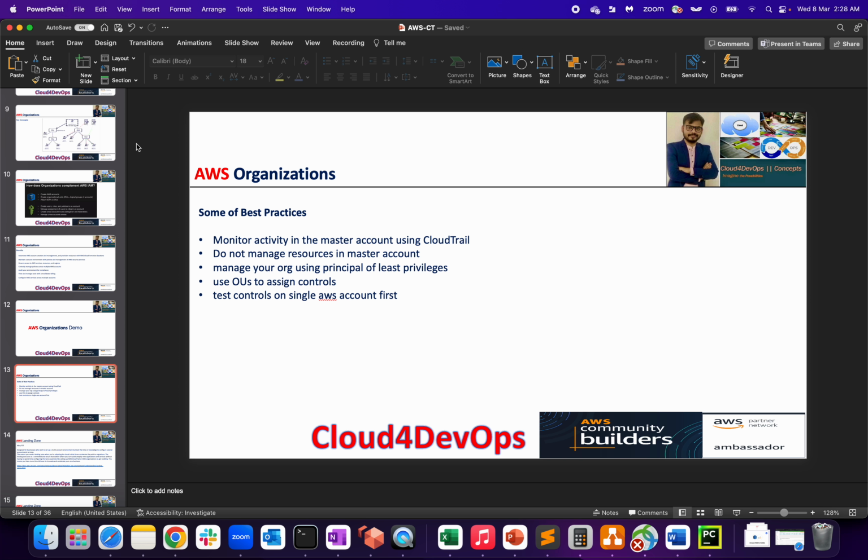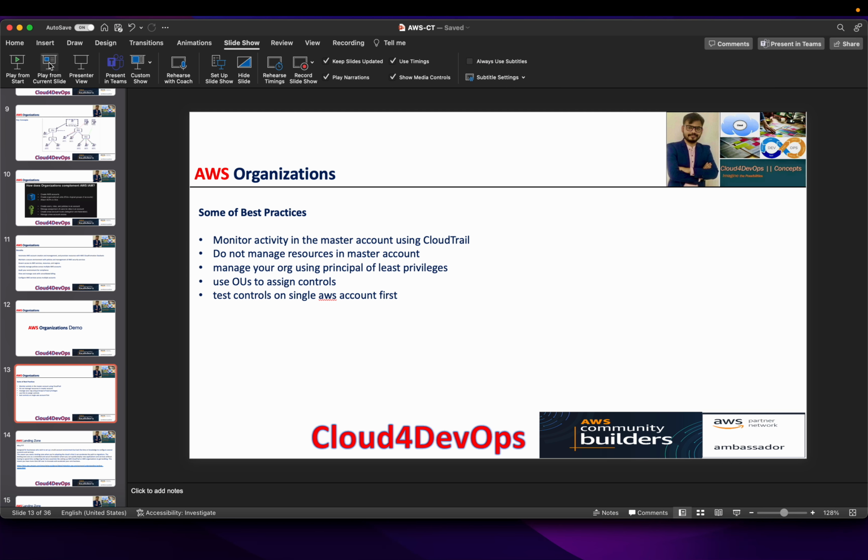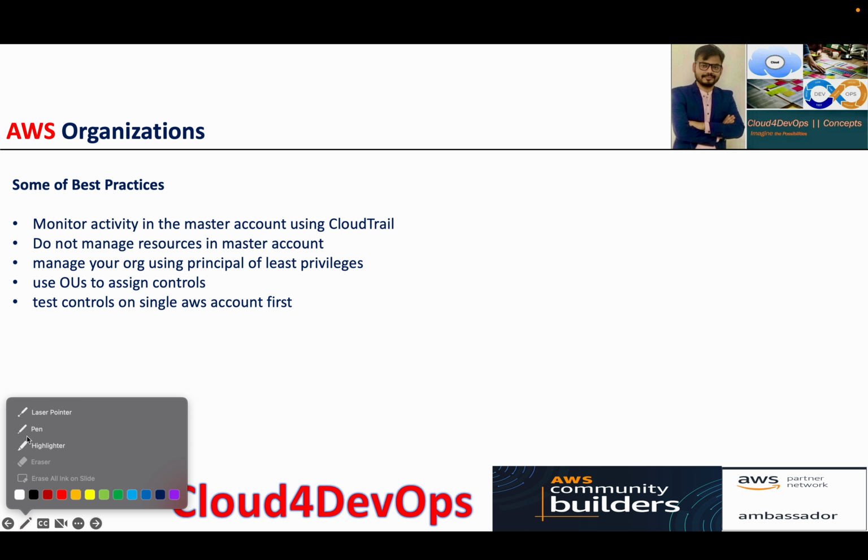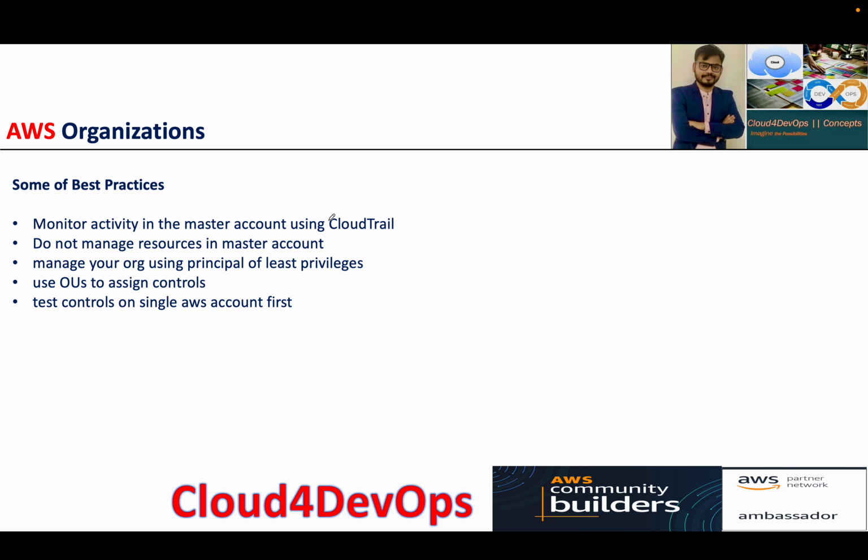One more important thing that I want to cover over here is the best practices for AWS Organization. You should monitor the activity of the master account using CloudTrail. Why is this important? Because whatever activity is happening in your account, whether it is a root account or a member account, you should log all the account activity.